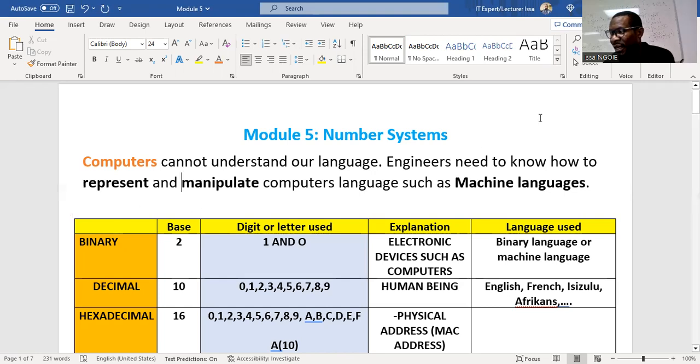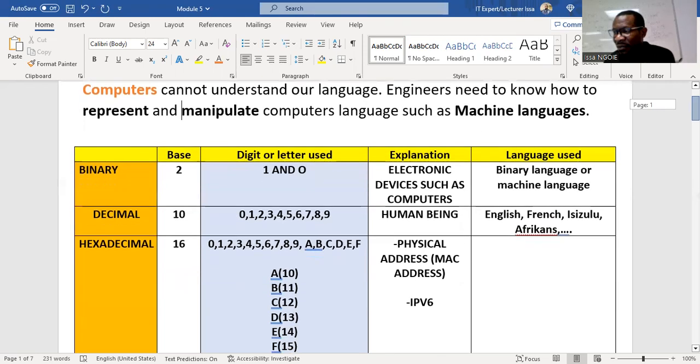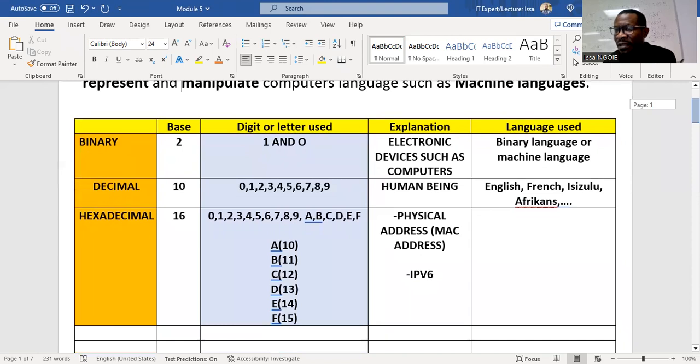So you can see I've got my table here, right? As I said, we are going to talk about binary language. Computers use what we call binary language. You can see here it says binary. Binary will have only two states, or base 2.